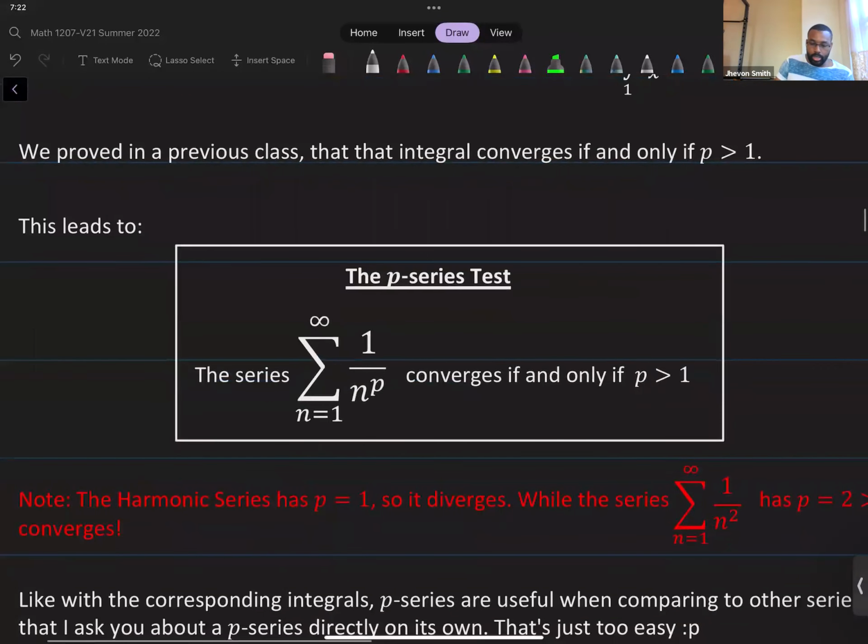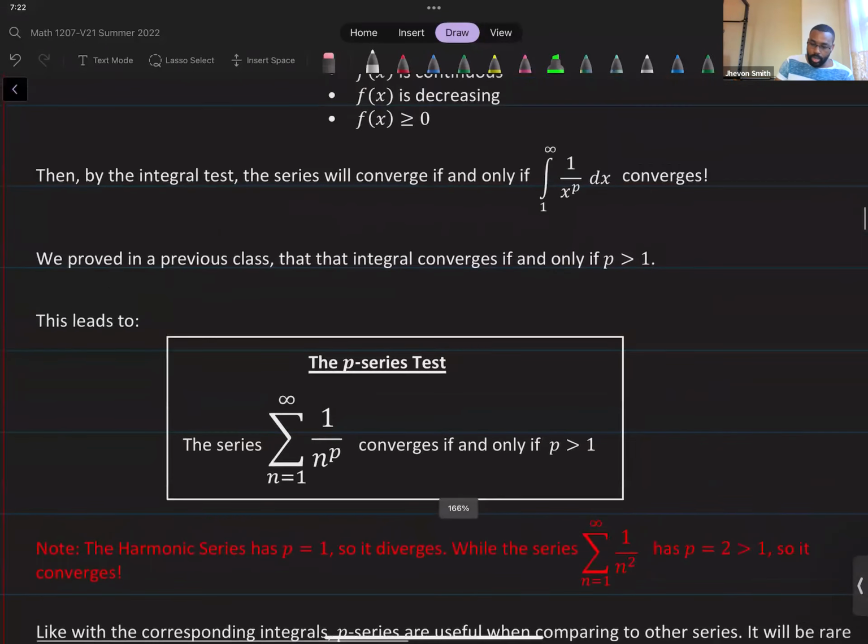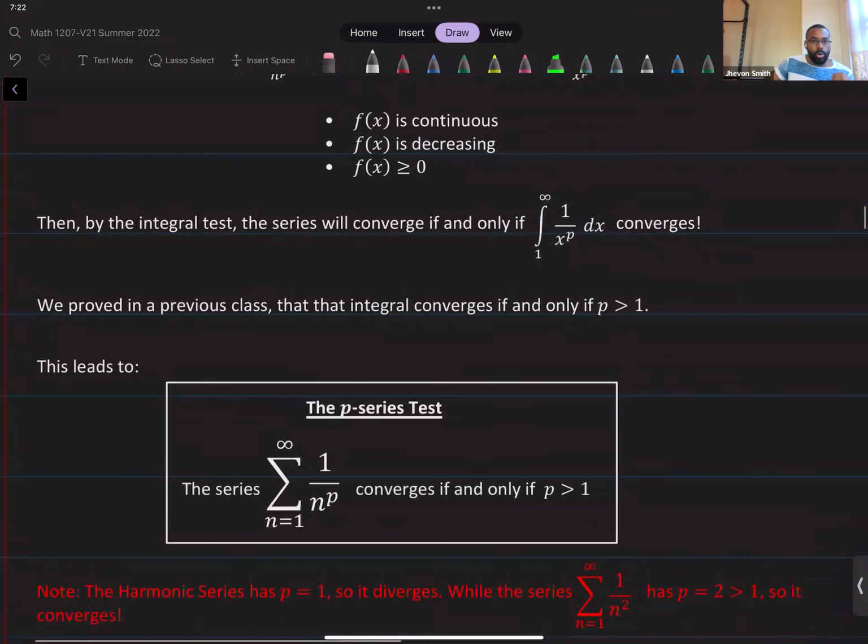And notice that this will actually give us a proof for why those two important examples that I mentioned yesterday work, why the harmonic series diverges, right? So remember the harmonic series. This is just the series of 1 over n. Or you can think of it as 1 over n to the 1 power.